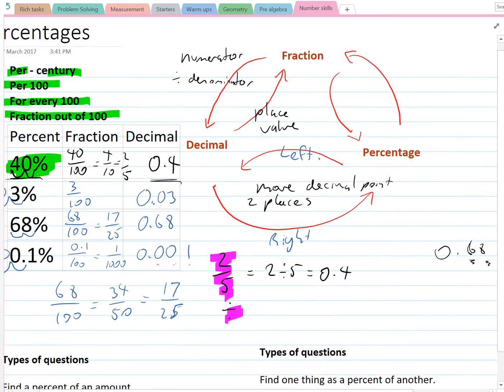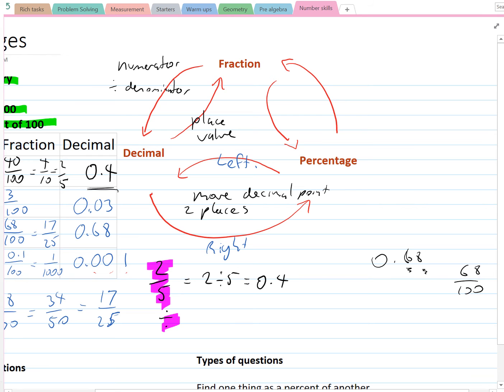The other way to go fraction to percentage is make the fraction out of 100. So if I had 1 on 20, I could make that 5 out of 100, which would be 5%. That sort of idea.